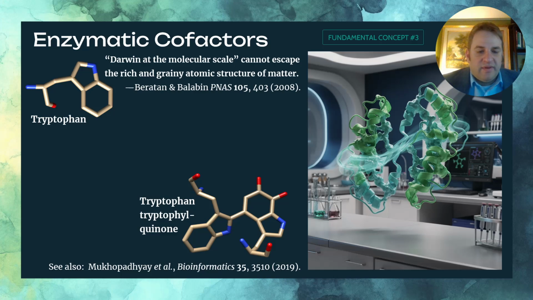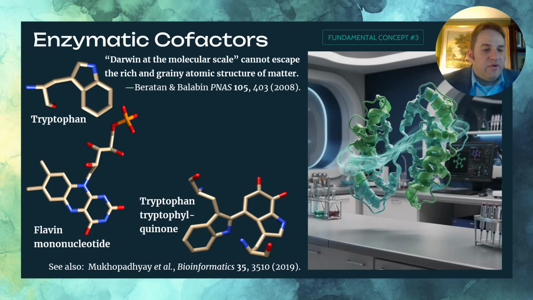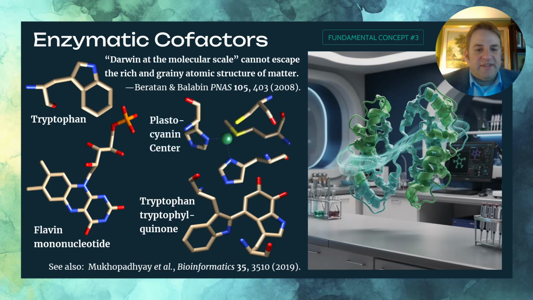tryptophan-tryptophylquinone, flavin mononucleotide, where now the double ring structure has been replaced with a triple ring structure, a tricyclic, if you will. And as I mentioned, even metal-containing structures like the plastocyanin center here, where a metal atom is coordinated by aromatic residues, and this controls its catalytic properties.